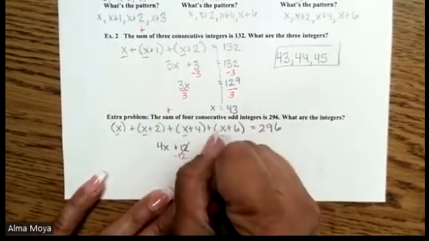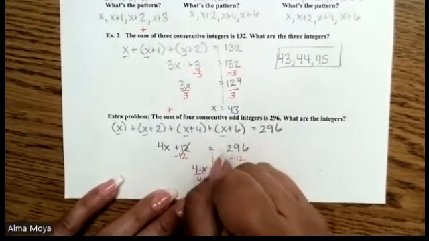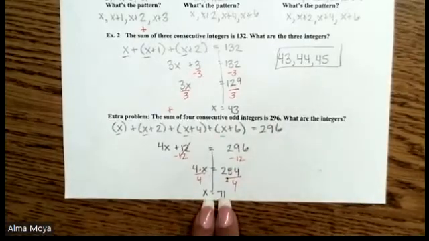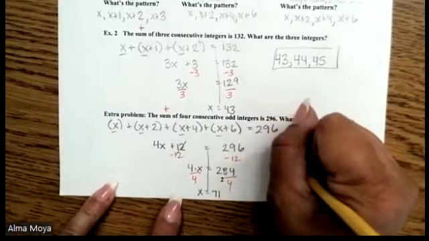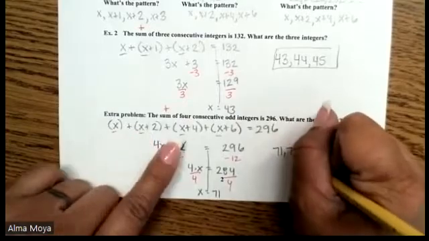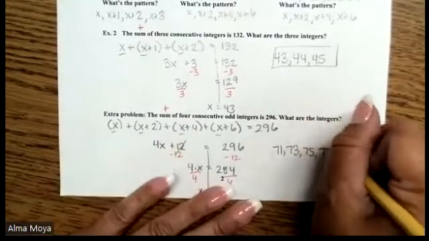I'm going to divide by 4 because that's just 4 times x. So x equals 71. Now remember, that's going to be the first odd number. 71. To get the next one, you add 2, add 4, and the last one's 77.